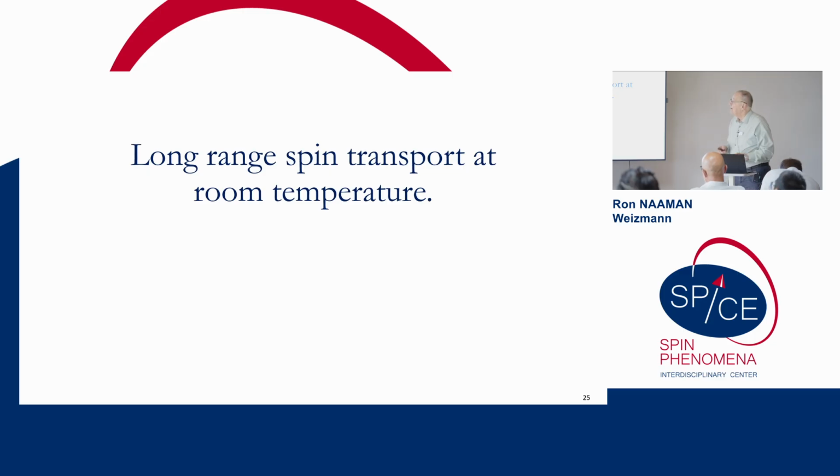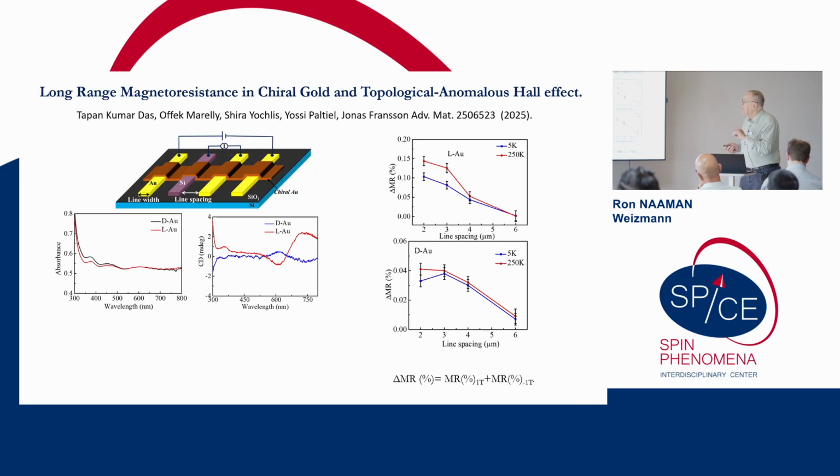And now I think it will be my last chapter. It's long-range spin transport. I think it's very interesting because it is related to the first talk by Professor Zhang, and you'll see immediately why.